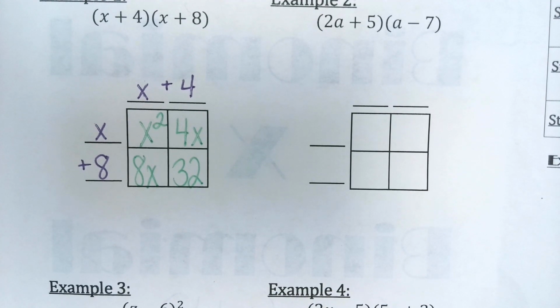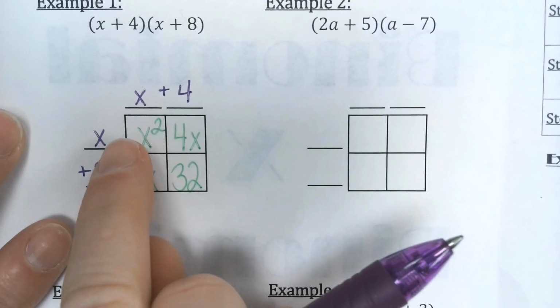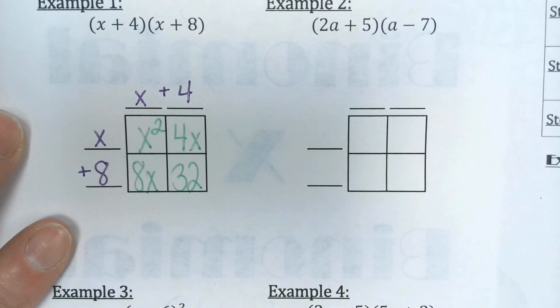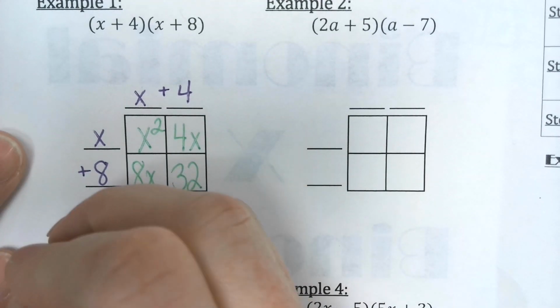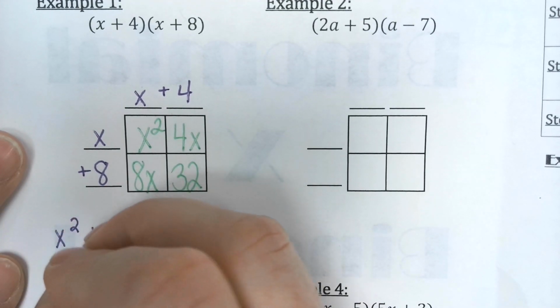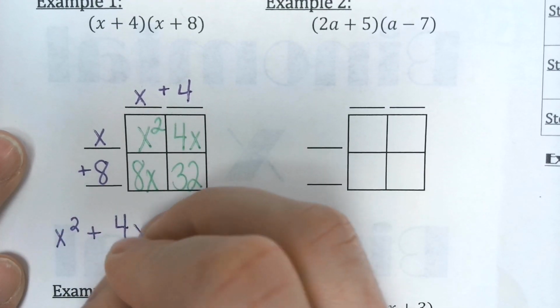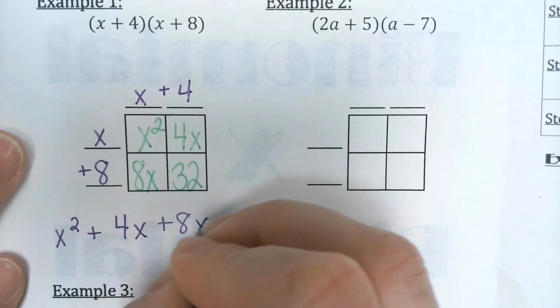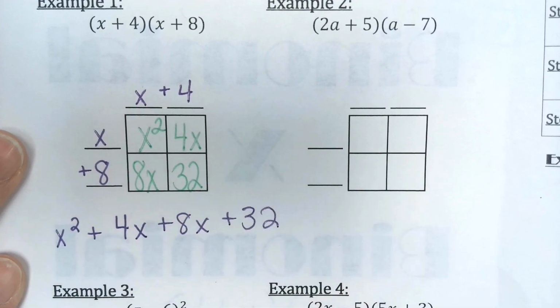So all we're doing is multiplying. And then we could write it out as our answer. You would write it out in greatest exponent order down to smallest exponent order. So it'd be x squared plus 4x plus 8x plus 32.